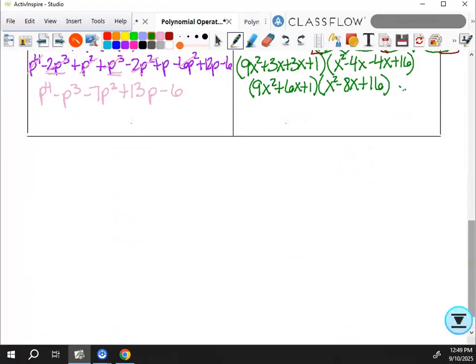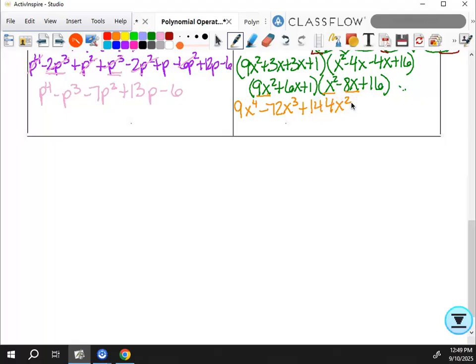So 9x squared times x squared gives me 9x to the 4th. All right, 9x squared times a negative 8x is negative 72x cubed. All right. Then 9x squared times 16, that is positive 144x squared.